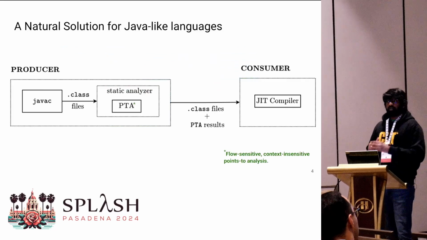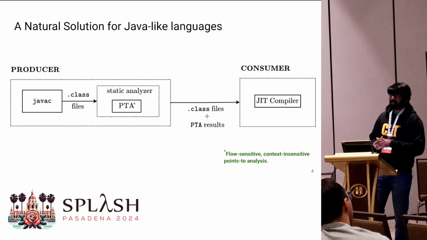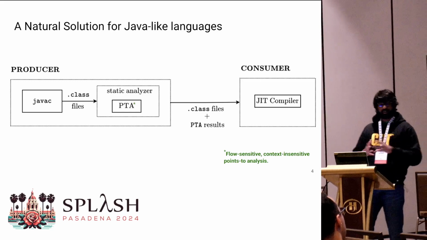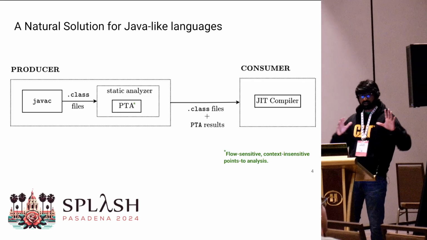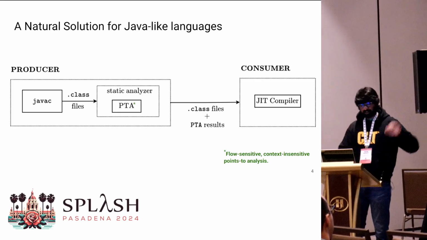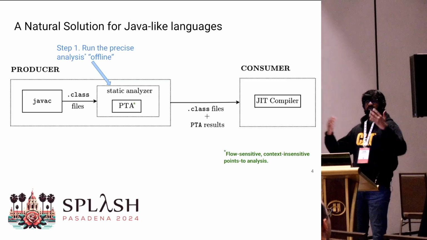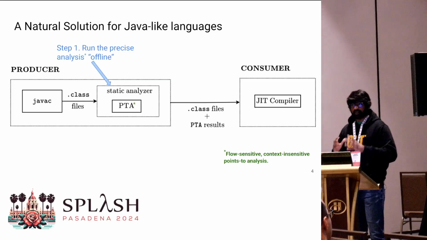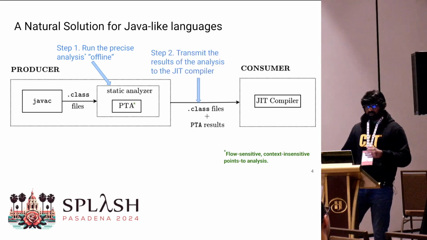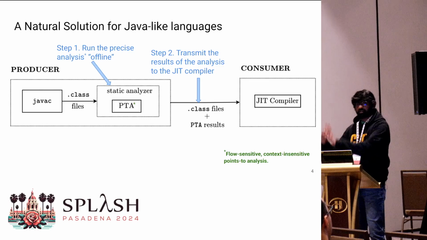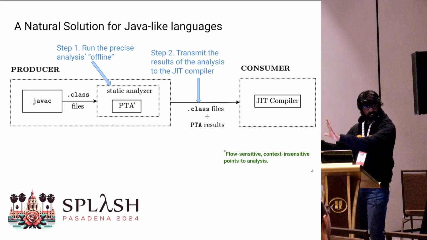Our work primarily focuses on languages like Java that have a multi-stage compilation system. And the most natural, simple solution for this balance that we want to achieve looks like this. We offload the responsibility of performing the expensive fixed point PTA to the static compilation stage, which then bundles the result of that analysis along with the bytecode and puts it aside.